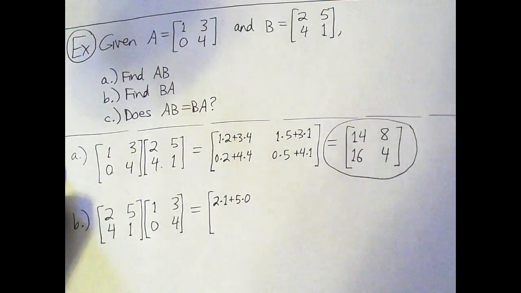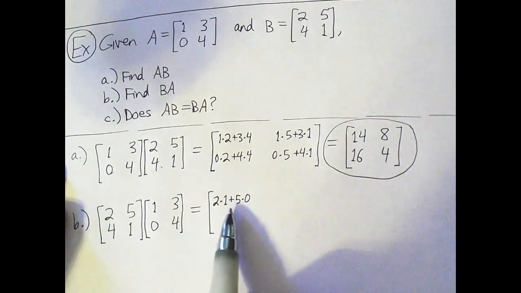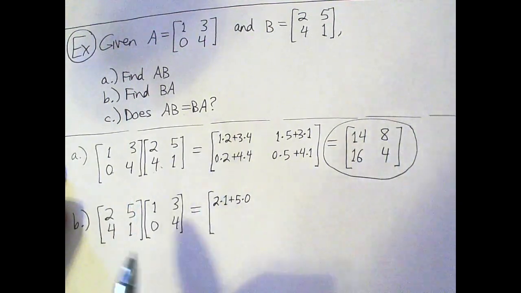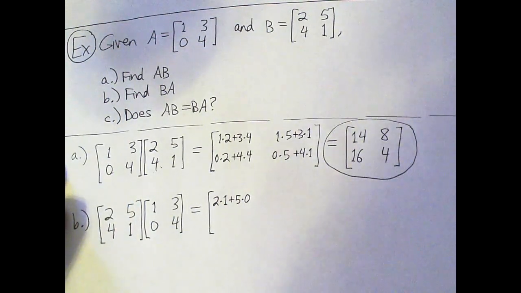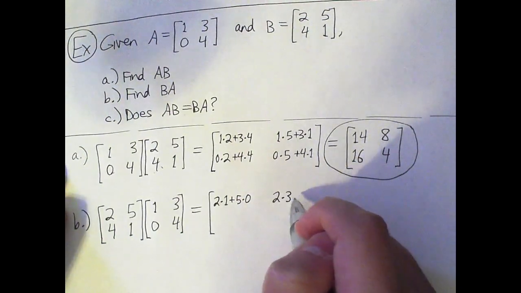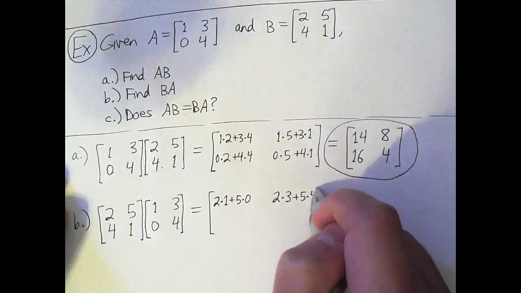I can already tell what the answer to part C is. Look at this. We already can tell that this entry is a 2. And this entry was a 14, so I can already tell that AB and BA are going to be different from each other. Over here, you should get 2 times 3 plus 5 times 4.